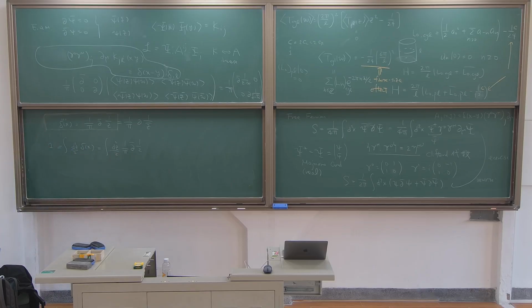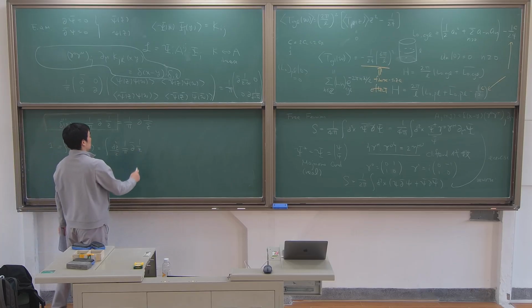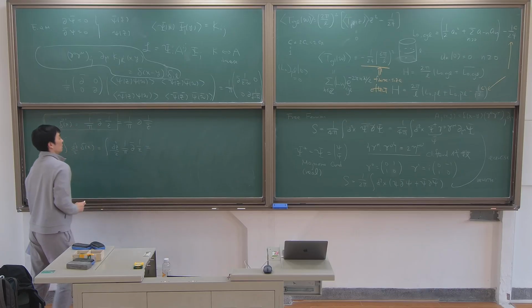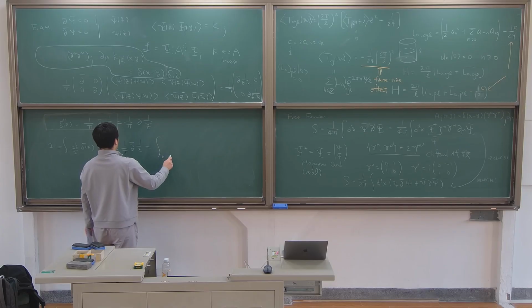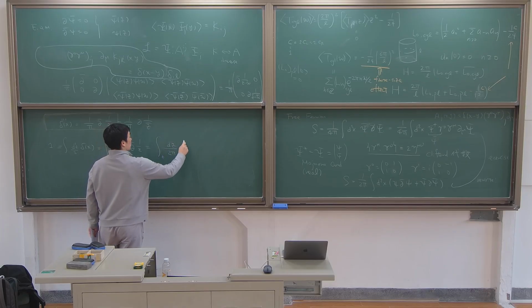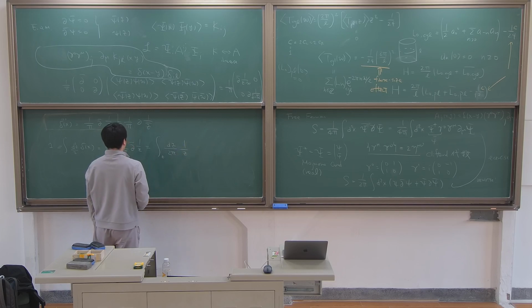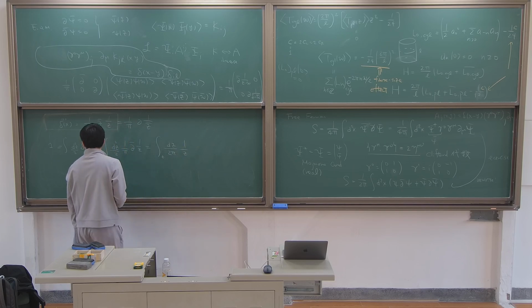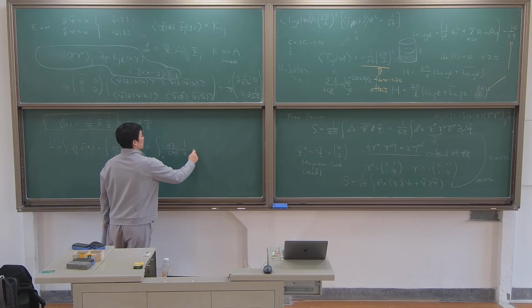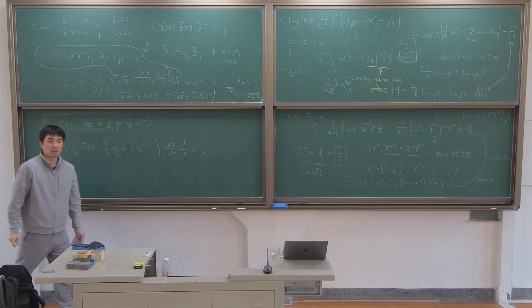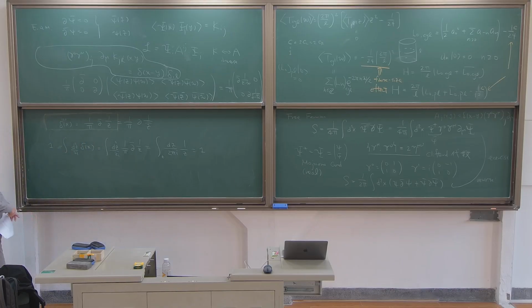And then this one is in fact equal to the integral from 0 to 2 pi d theta, whatever, and then somehow you need an i. This is equal to 1. Okay. Is it okay?